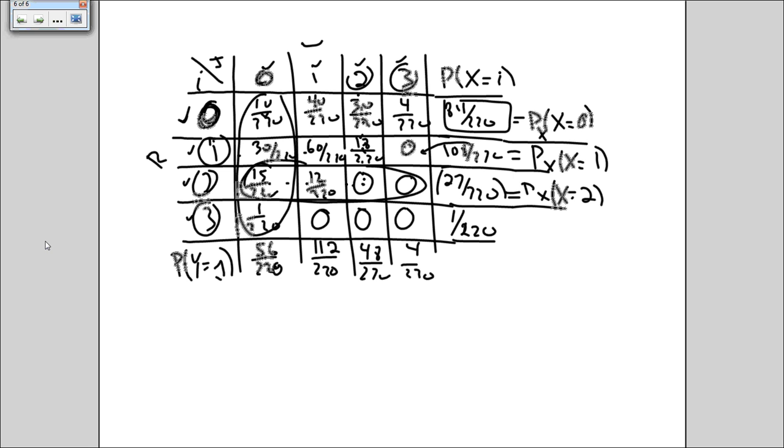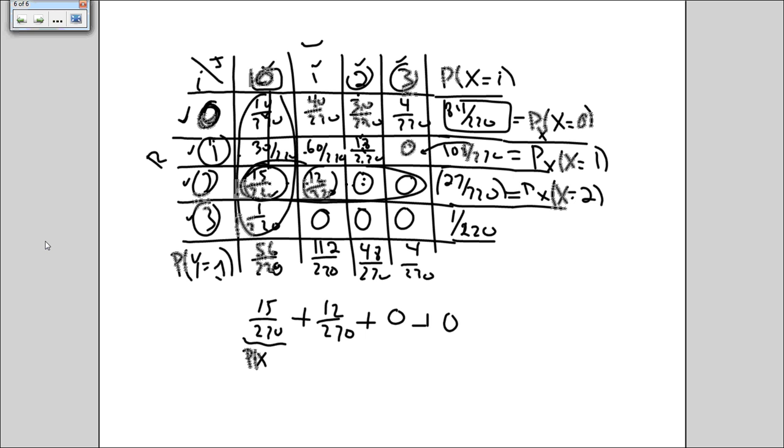Well, first I take the probability that x is 2 and y is 0. Look above, you find out that y is 0. Plus 12 over 220. That's the probability that x is 2 and y is 1. Plus the probability that x is 2 and y is 2. Plus the probability that x is 2 and y is 3.